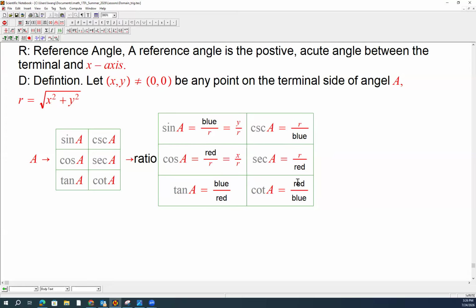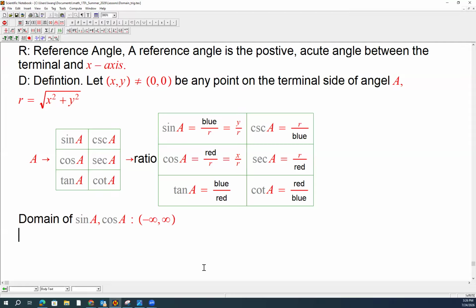Let's write that down: the domain of sine and cosine are the same, which is all real numbers. It can be any angle, however you measure it. It could be zero, a positive angle, or a negative angle. Any value is okay.